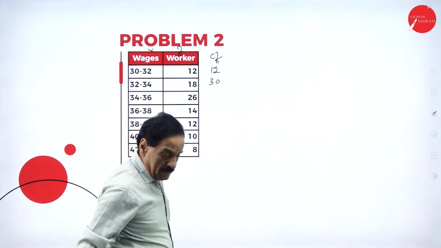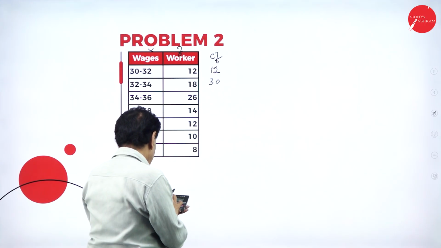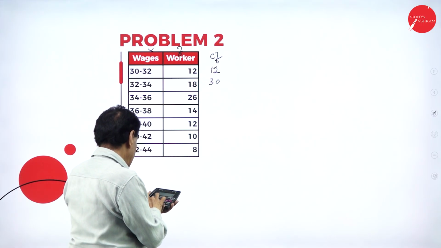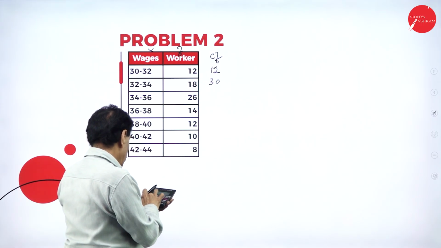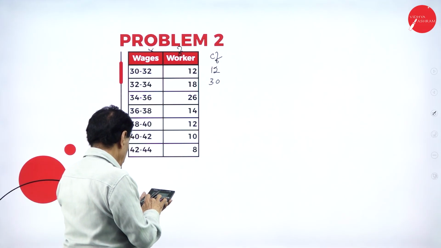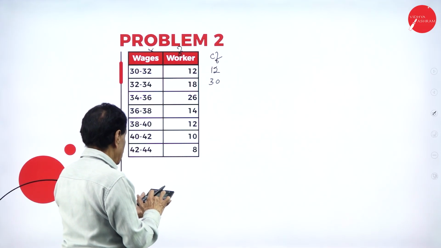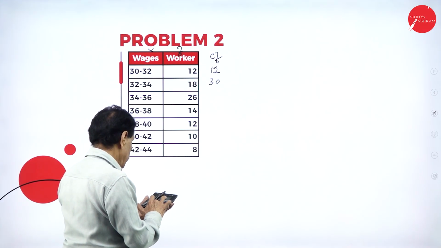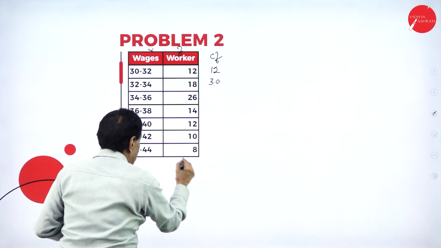First add the frequency. We'll add the frequency now: 12 plus 18 plus 26 plus 14 plus 12 plus 10 plus 8. N is equal to 100.